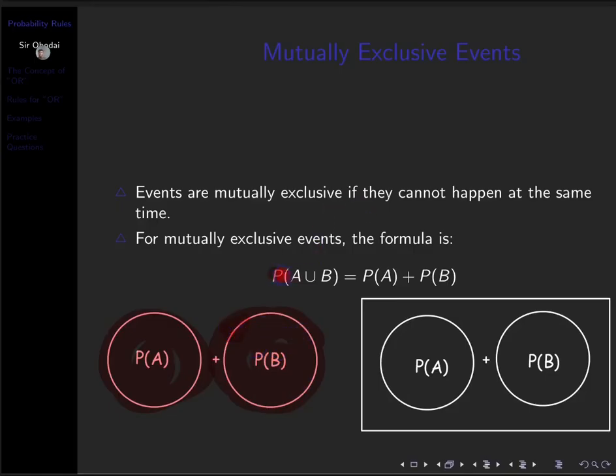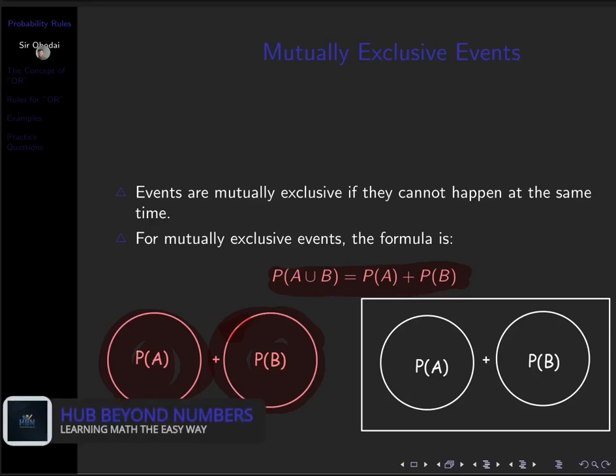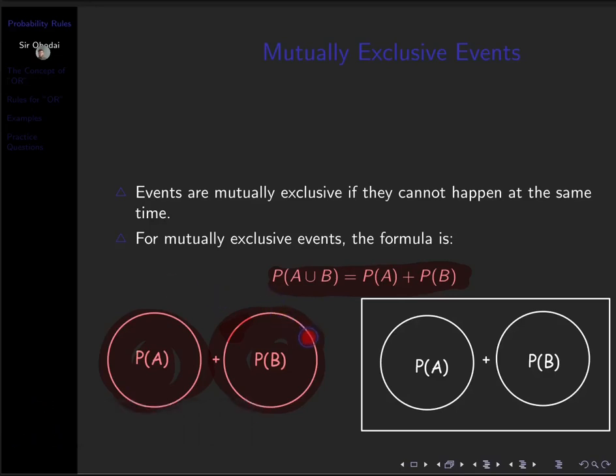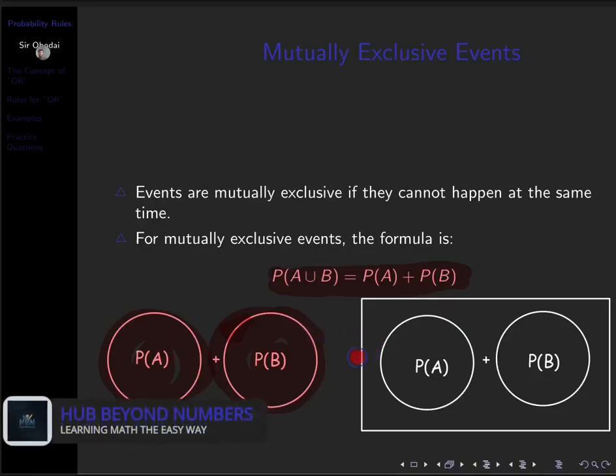So using this formula here, we say the probability of A or B occurring is simply the sum of their individual probabilities. The probability of A or B occurring is simply what? The sum of their individual probabilities. Alright? Okay.